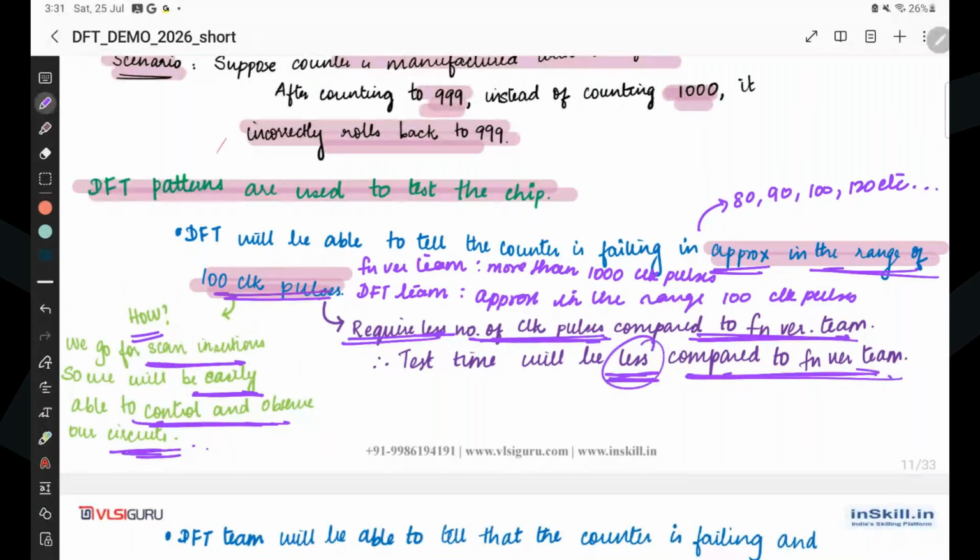So test time will be less compared to the functional verification team.